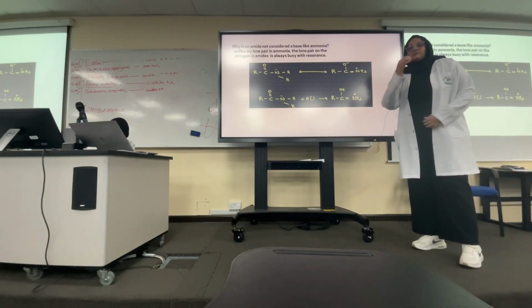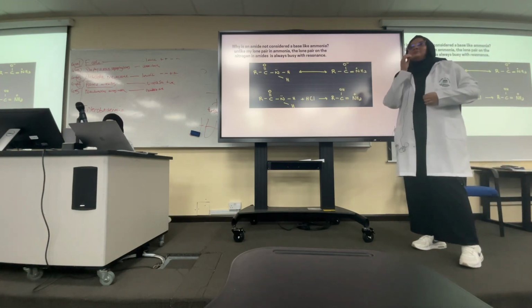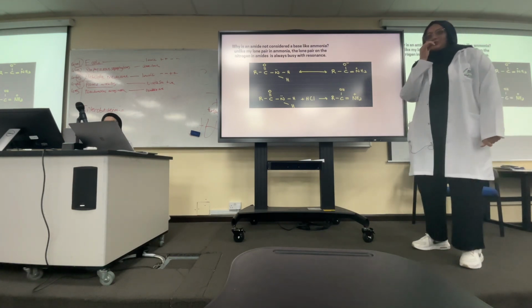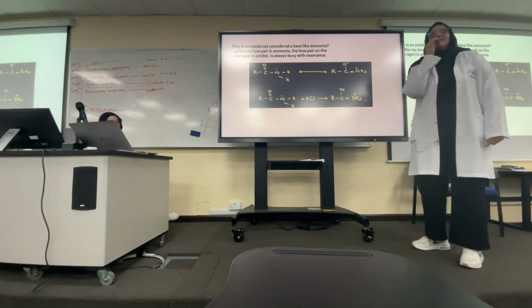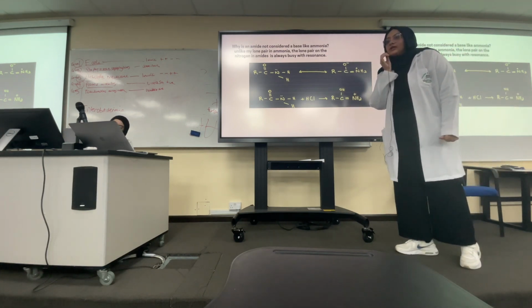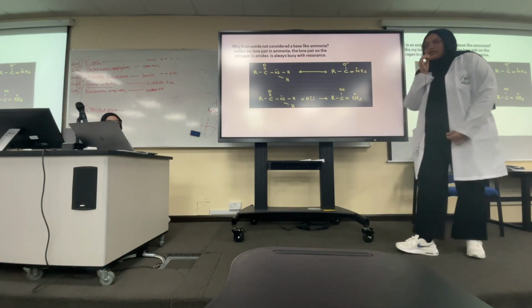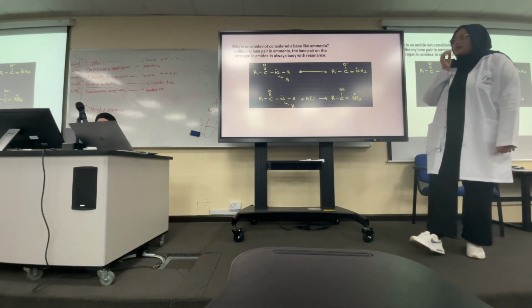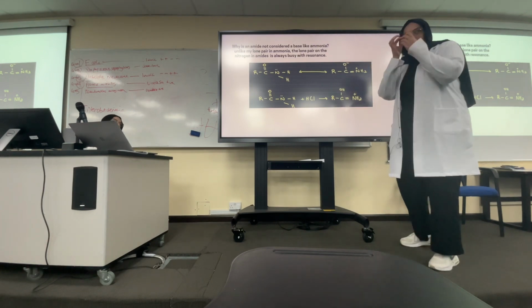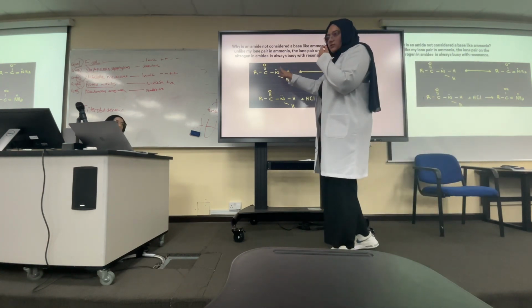All right. So why don't we consider an amide a base like ammonia? An electron pair is what determines if it's a base or not. It's going to the oxygen, exactly, due to the electronegativity of oxygen. Resonance. Because it's busy in resonance. I asked, ammonia is considered a base, but why can I not consider an amide as a base? The reason is, I do have a lone pair, right?